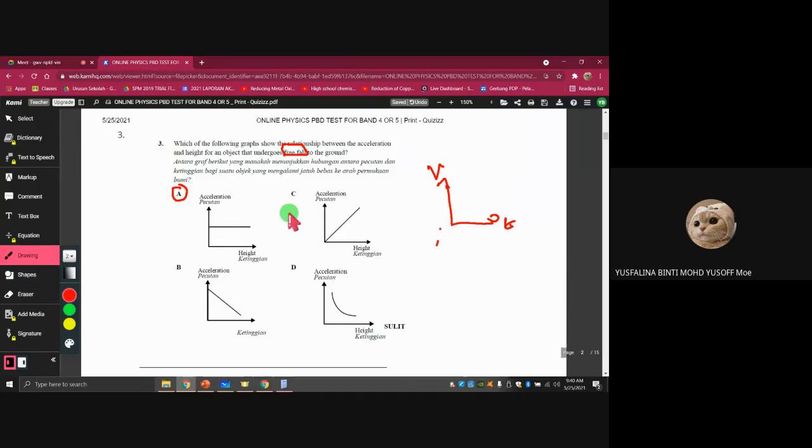So what is the relationship? Yes, directly proportional. Very good. So the graph will be like this. If you change to the acceleration, it will become like this, because the gradient of the graph of velocity against time is actually the acceleration. So that's why you need to know.